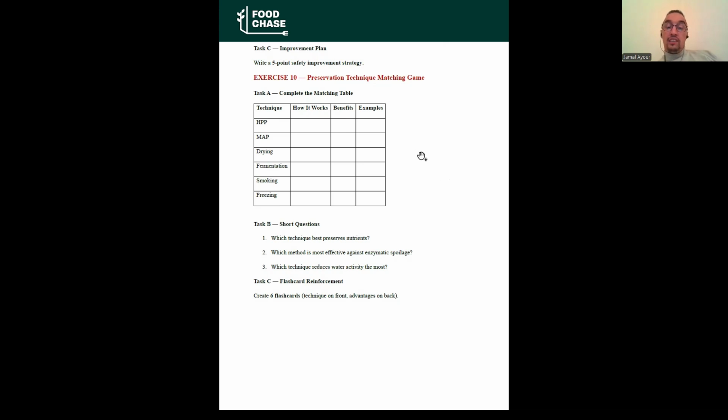Finally, we have the last exercise, about the preservation technique matching game, with three tasks. Task one: the objective is to complete the matching table with different counts for the first technique, a new technique compared with the older techniques used for preservation.